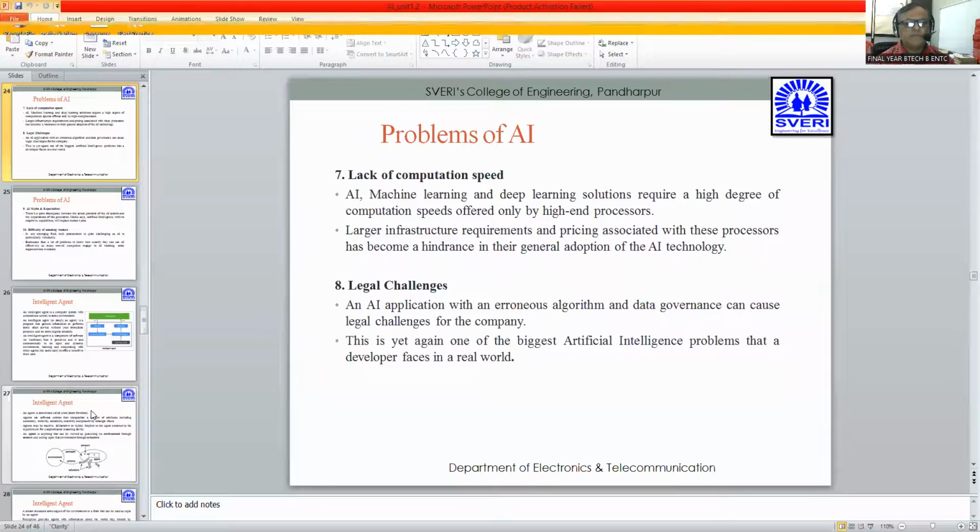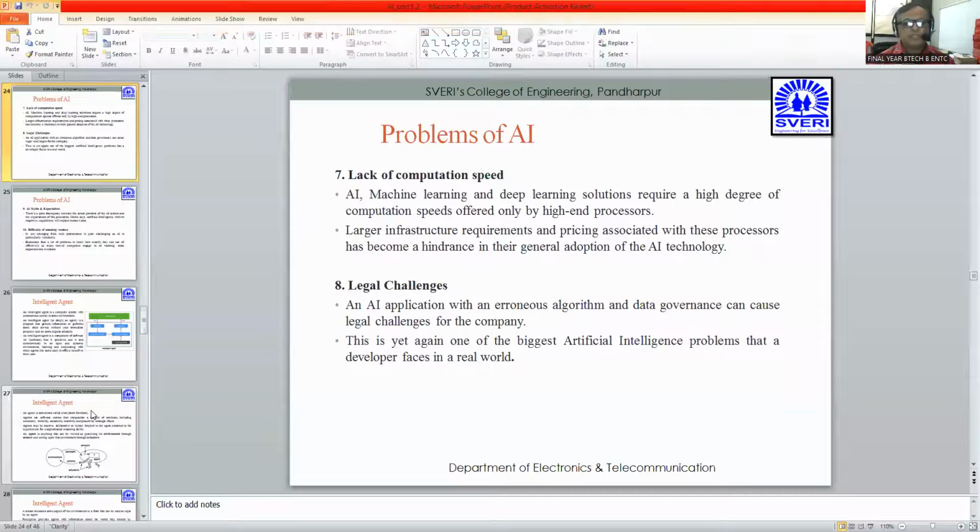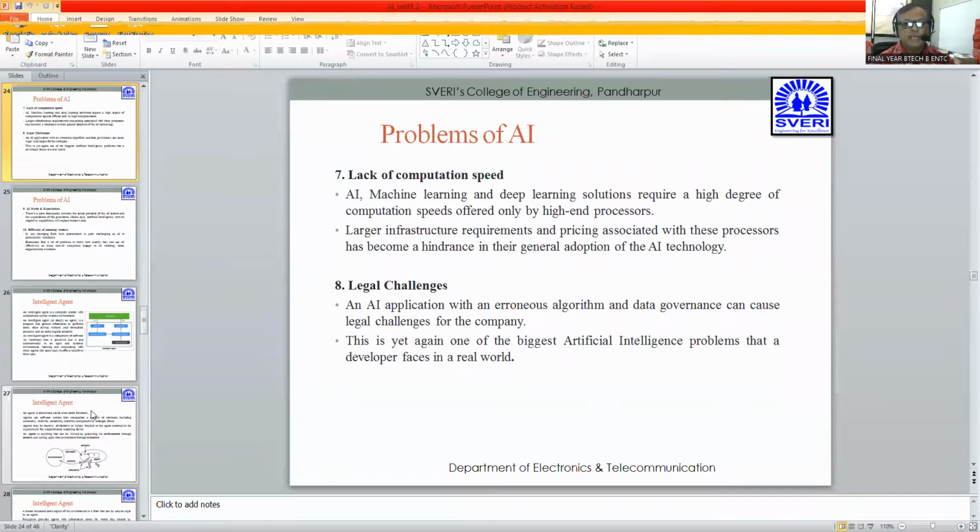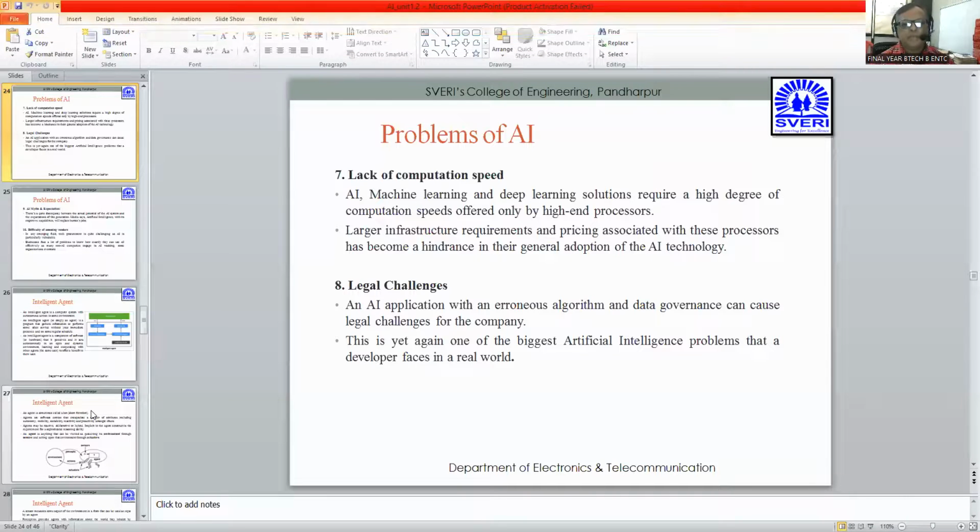This is yet again one of the biggest AI problems that developers face in the real world. मेरे ख्याल से सबसे ज्यादा जो problem है वो अभी legal का ही है, because there are no such rules or base as far as AI applications are concerned. So when an AI application is there, there will be some legal challenges also.